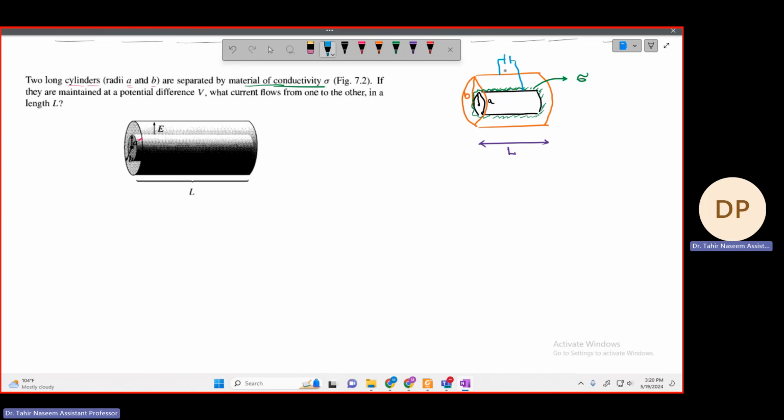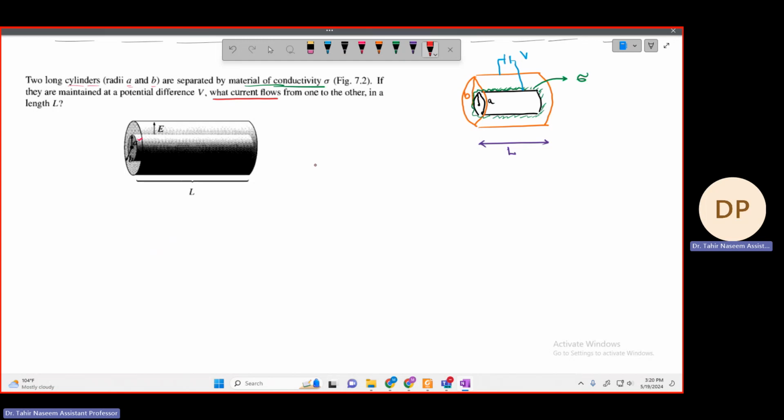Due to this potential difference V, the current will start flowing, right? Because these two cylinders are connected via conducting material. The question asks what current flows, so how much current is flowing through this material, right?